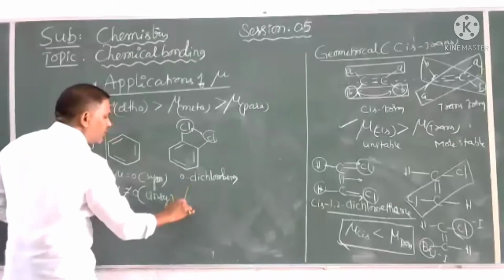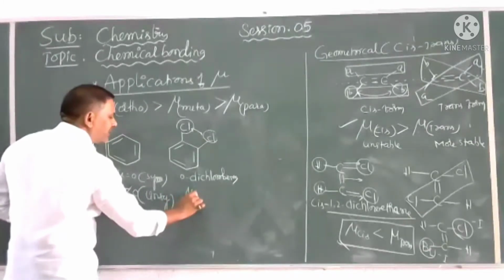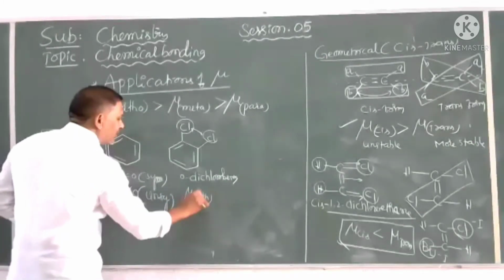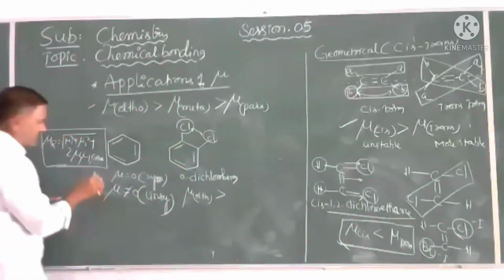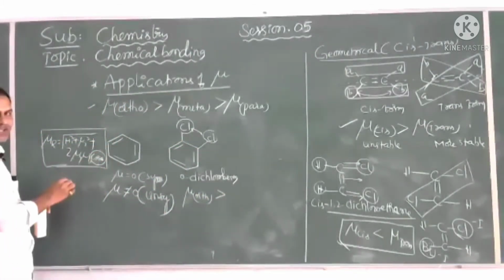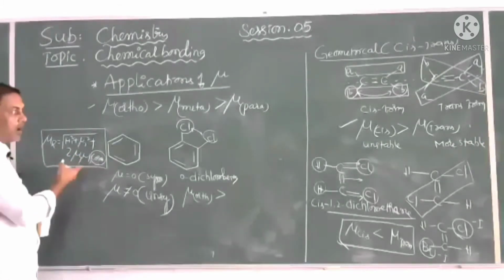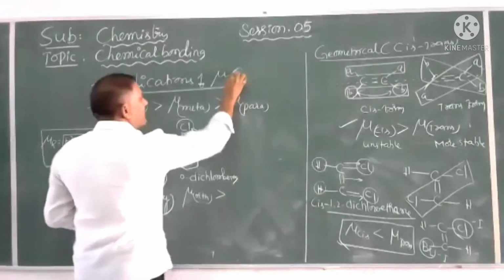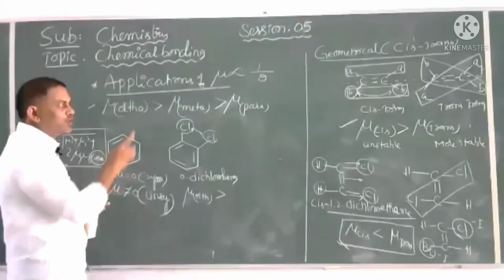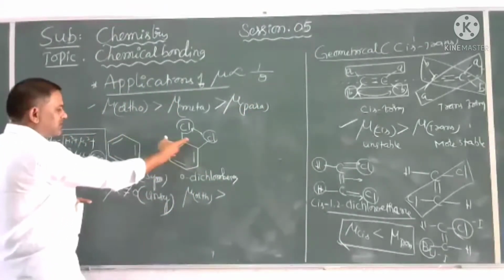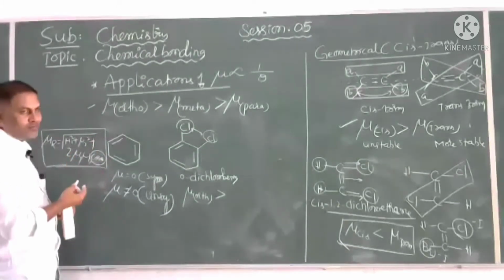That ortho dichlorobenzene dipole moment at ortho position is generally greater because the bond angle between them is less. Already given, the dipole moment is inversely proportional to theta. So the bond angle is less, dipole moment is more.